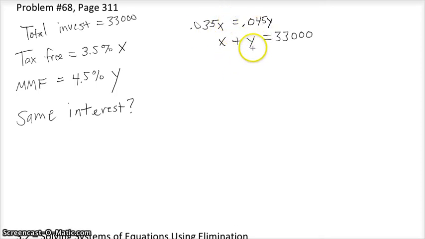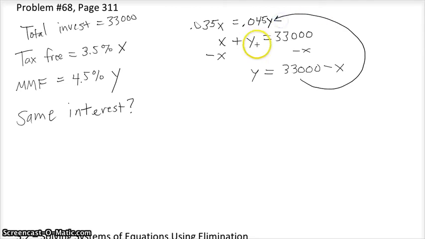So I'm going to solve this one for y by subtracting x. I get y is equal to 33,000 minus x, and you plug that in for y here. So I have 0.035x equals 0.045 times 33,000 minus x.